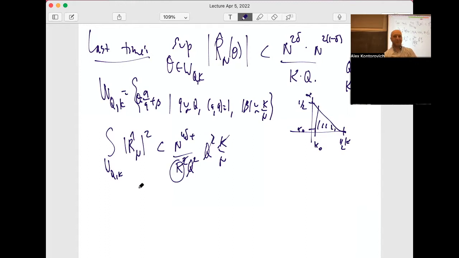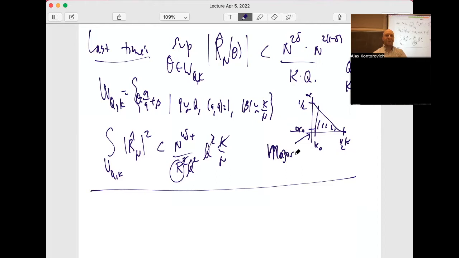Okay. This k0, how does k0 work again? We haven't talked about that. Oh, it's like a parameter you'll specify at some point. In the major arcs, yes. So we have to close the gap between how far we can go in the major arcs. Okay.